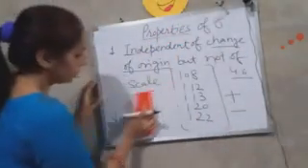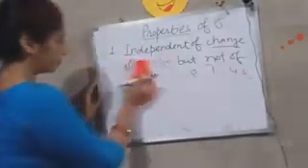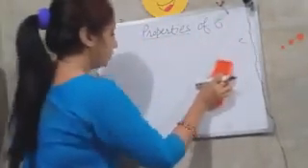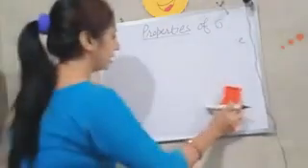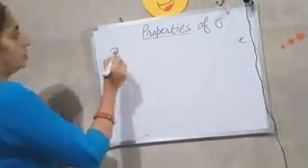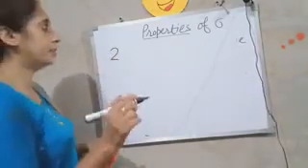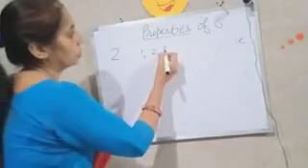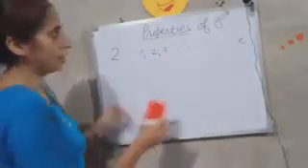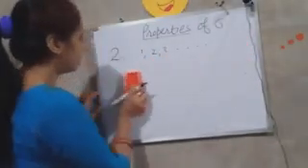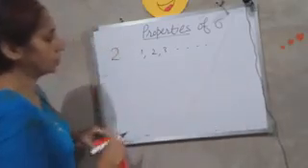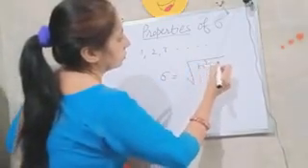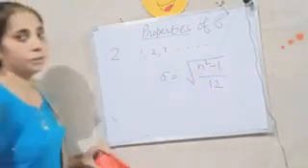Now the next property, if you wish to calculate the standard deviation of the first n natural numbers, so suppose you are starting from 1, 2, 3 and any n natural numbers, then the standard deviation of first n natural numbers will always be this one.